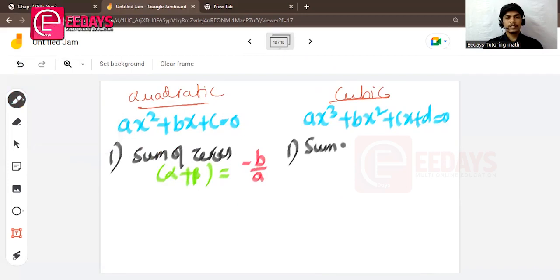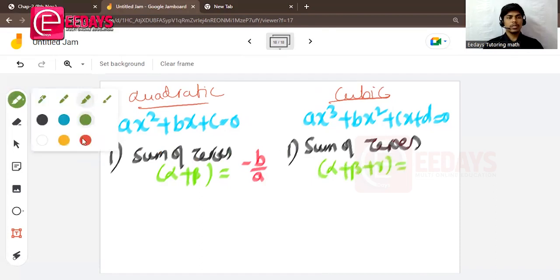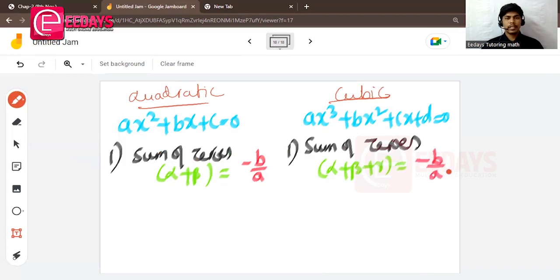Sum of zeros here. Sum of zeros here. Alpha plus beta plus gamma is equal to, sorry, once again, the same minus b by a we have to take. And product of zeros, product here also.